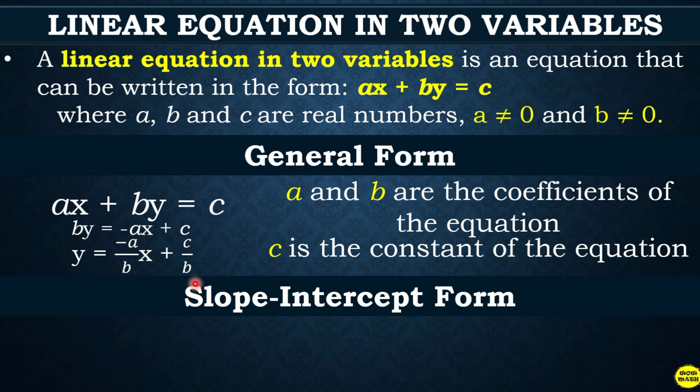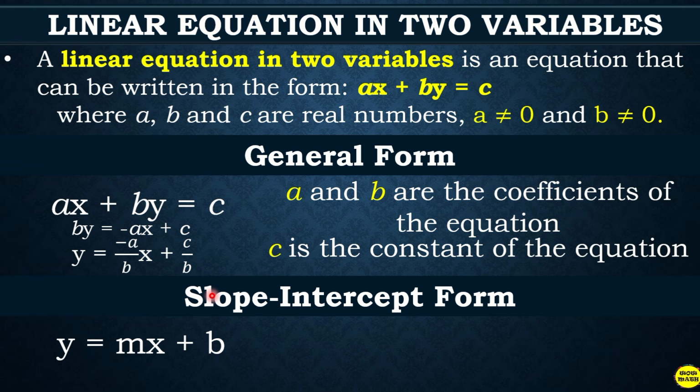But in slope-intercept form, we are using y equals mx plus b, because m is equal to negative a over b, while your b represents your c over b. So again, in slope-intercept form, your m here is your negative a over b, and your b is your c over b.